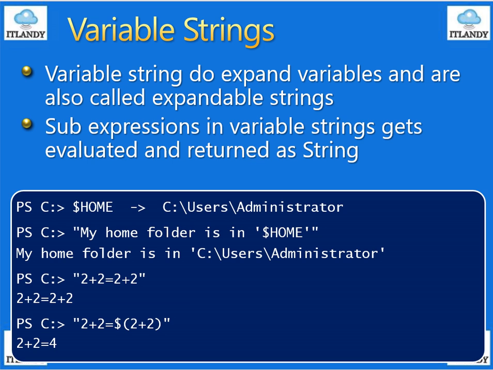To use a sub-expression inside a string, you have to start with $, and then open a set of round brackets. The statement or expression is contained inside the round brackets. This can be not only a simple expression, but it could be complex and might contain further brackets inside.